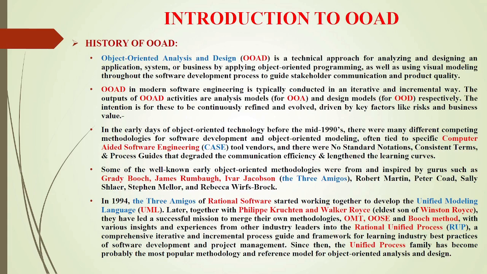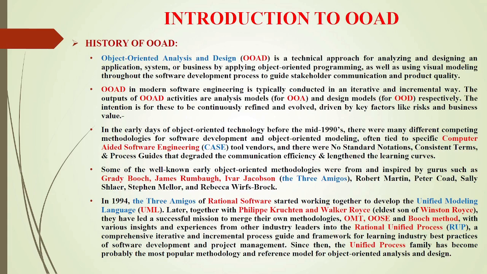In 1994, the three amigos of Rational Rose Software started working together to develop a unified modeling language. You can understand the terminology unified modeling language because this will be playing a key role in our next sessions.